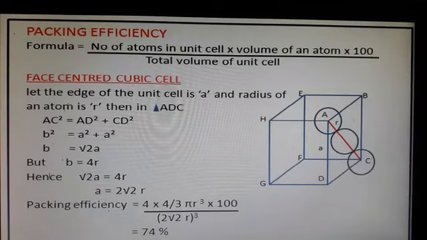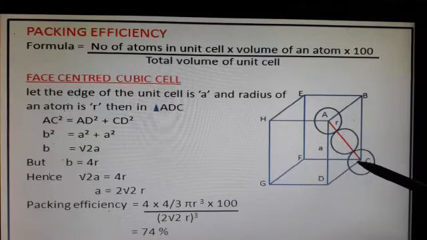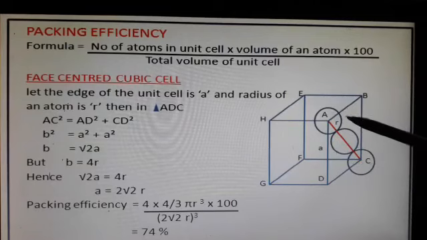So we know, according to Pythagoras theorem, AC square will be equal to AD square plus CD square. This is the formula.